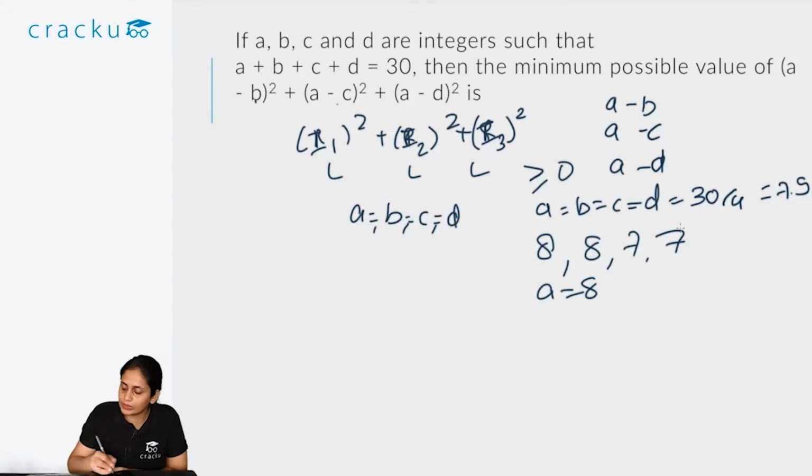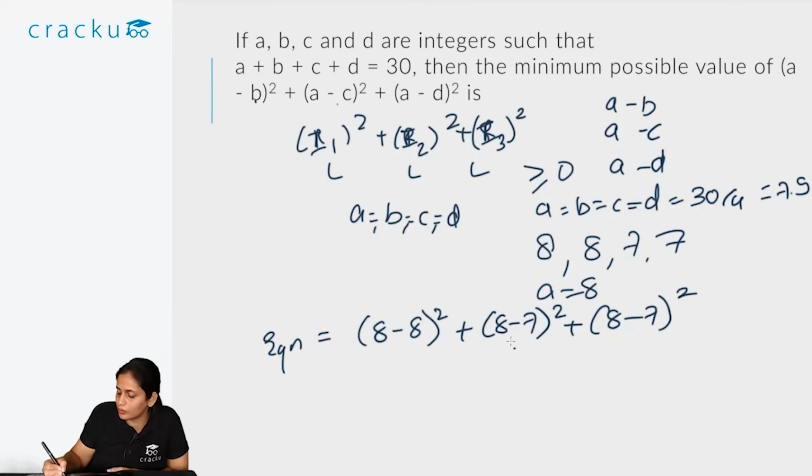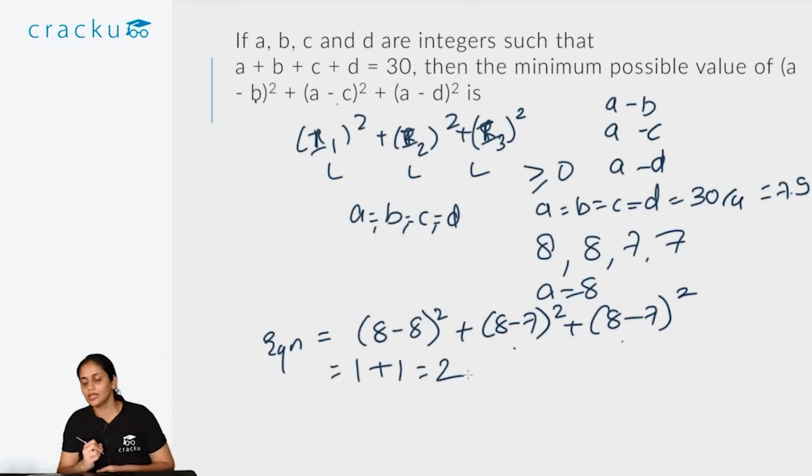So in that case we get the value of the equation as 8 minus 8 the whole square plus 8 minus 7 the whole square plus 8 minus 7 the whole square. So this is 0, this is 1 square, this is 1 square, this is essentially 1 plus 1. So that is 2. Therefore, the minimum possible value of a minus b the whole square plus a minus c the whole square plus a minus d the whole square is 2.